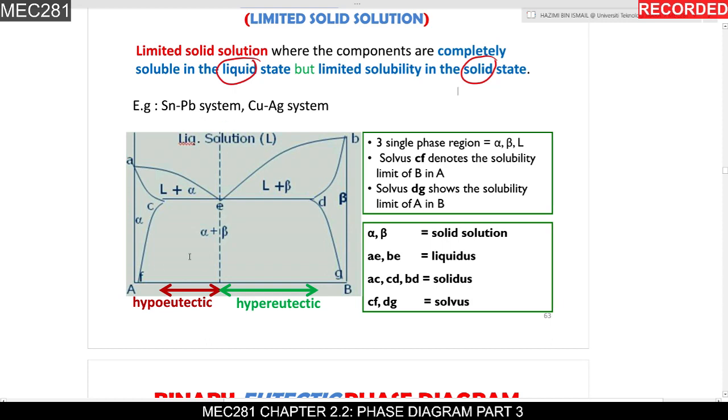As we have learned, on the left side of the eutectic point, we call it hypoeutectic, and for the right hand side, after the E here, where E means the eutectic point, we call it hypereutectic. So still the same, right?